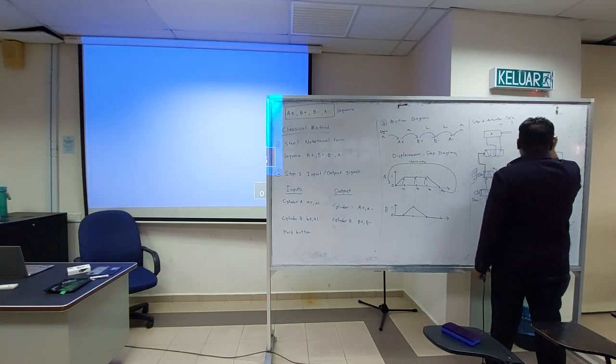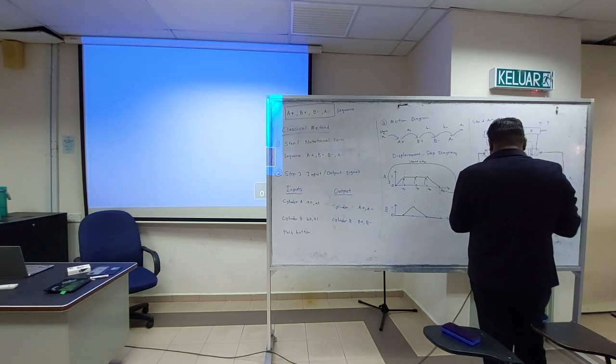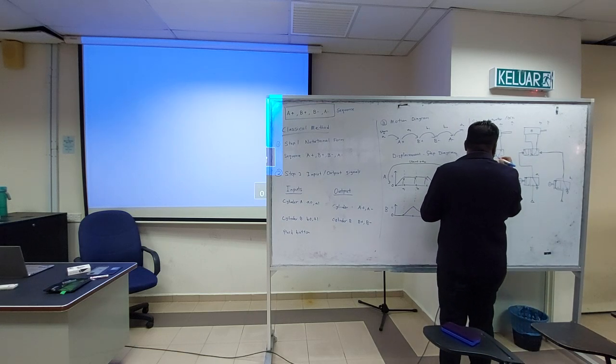So dah akan masuk dekat sini and your cylinder will retract. So dekat sini pun jangan lupa letak, kan? So this is your. So letak either one. So you no need to letak, keep in both side.